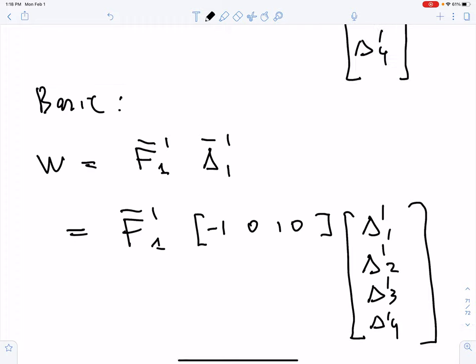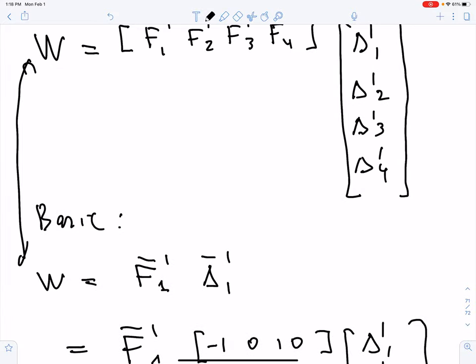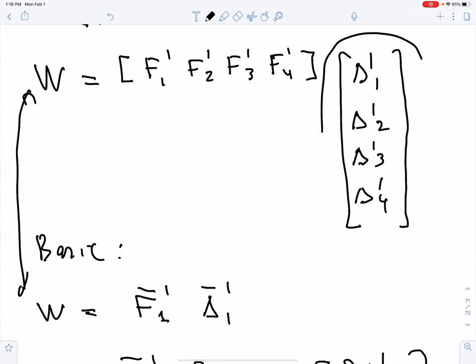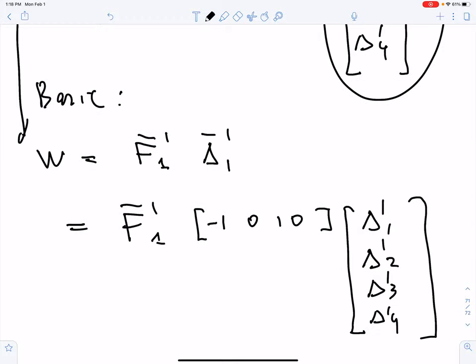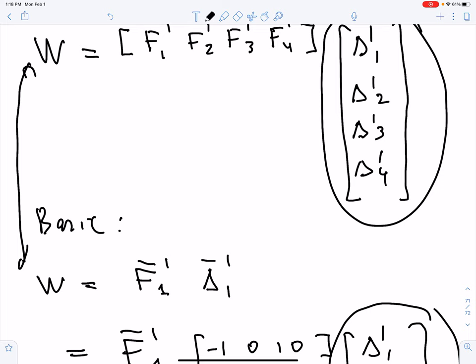Okay. And so now, if I am to equate these two, you can see that we have a vector of delta primes here, we have a vector of delta primes there. So the two quantities are equal, right?